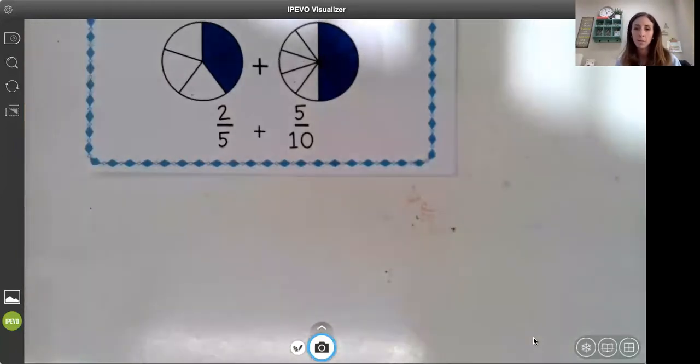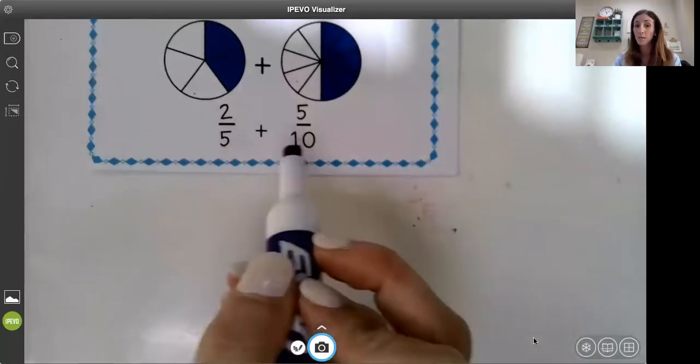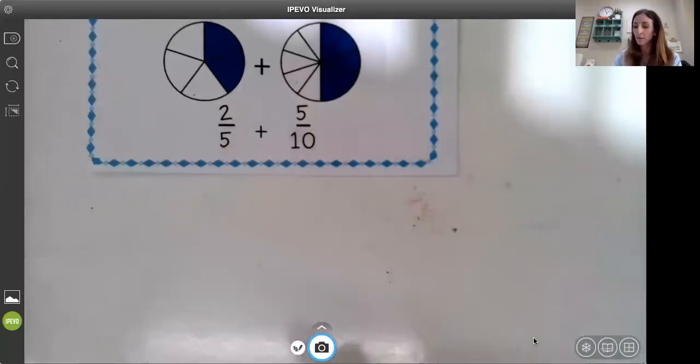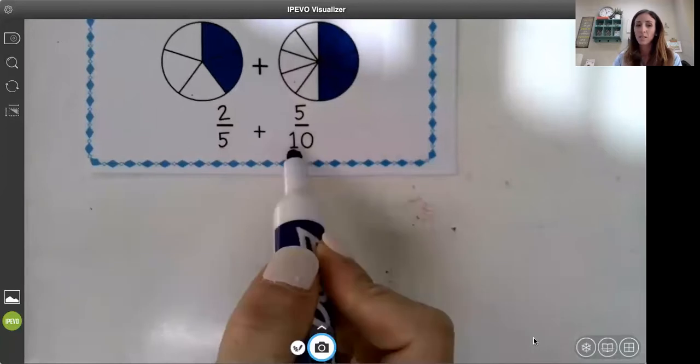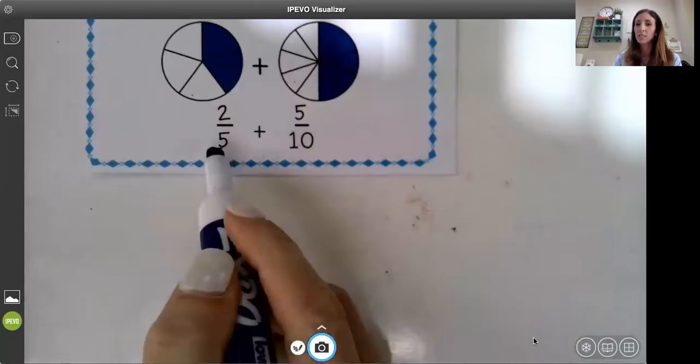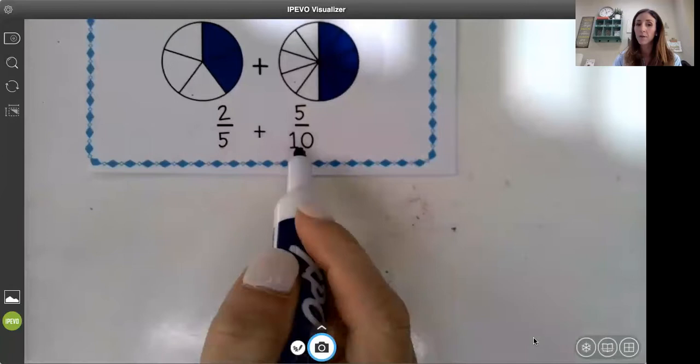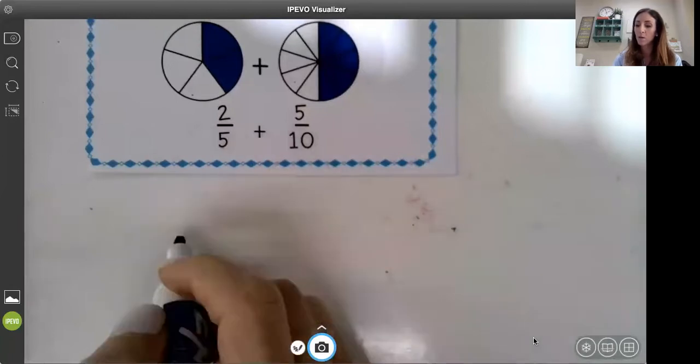So our first step, like we said a minute ago, is to look at the bottom, so the denominators, and see if they're the same. They don't match. So our first step is going to be to change that. Now this one is really nice because I don't have to change both, because isn't 10 a multiple of 5? So can I just change that one?